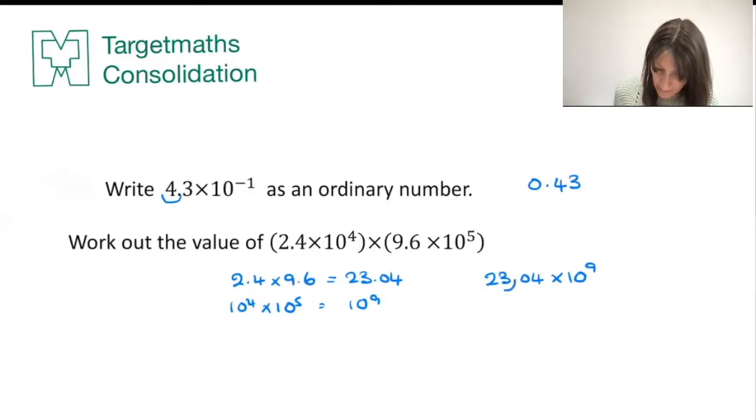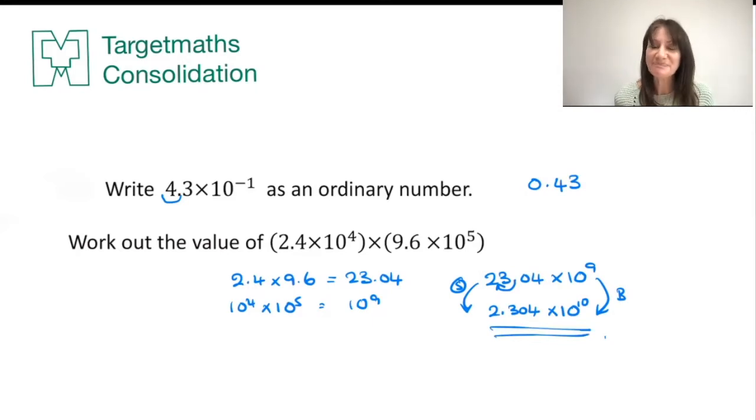We need the decimal point there, 2.304. So this side has just got smaller by that movement of the decimal place, so we're going to make this side bigger to balance it. And that should be your final answer.